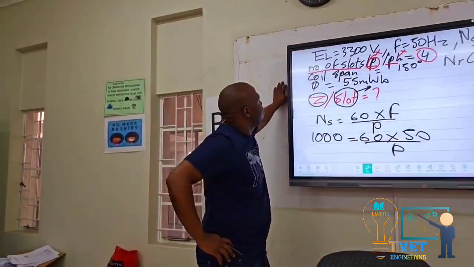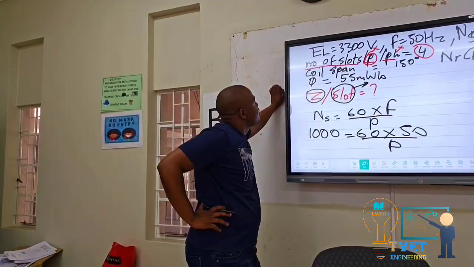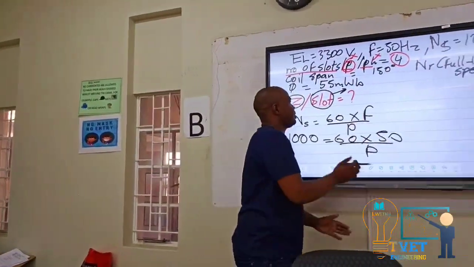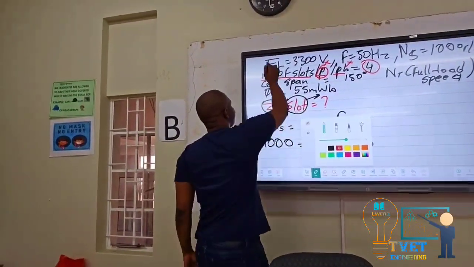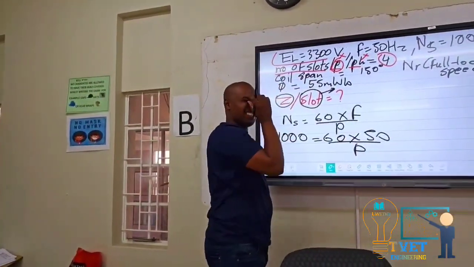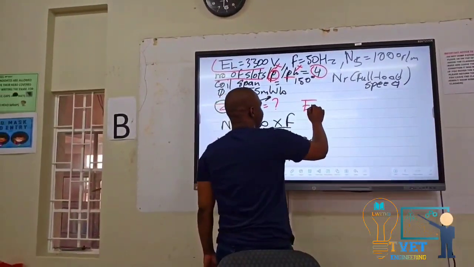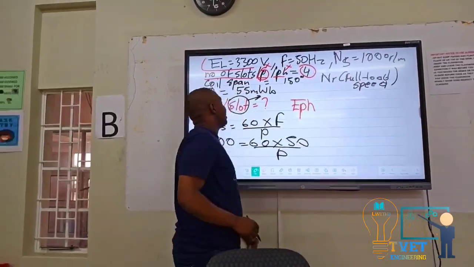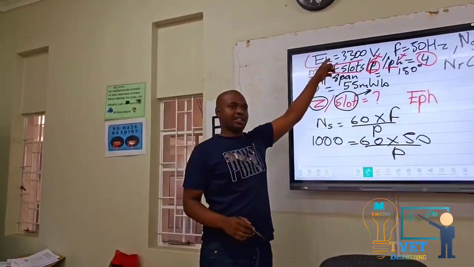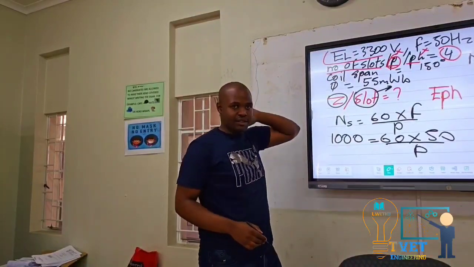Now I need to find the number of conductors. And obviously I'm going to use the EMF equation. That is why I was given that EMF. I must convert that line voltage to phase voltage.